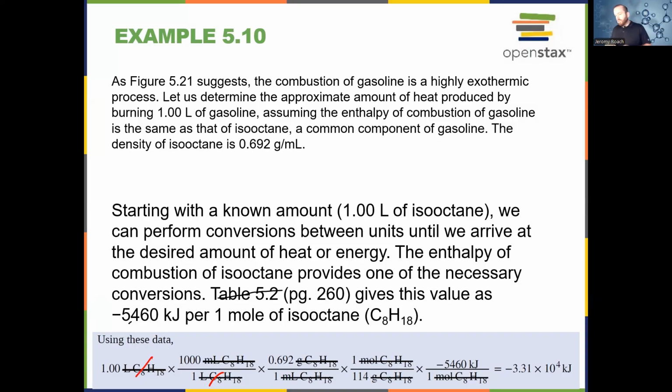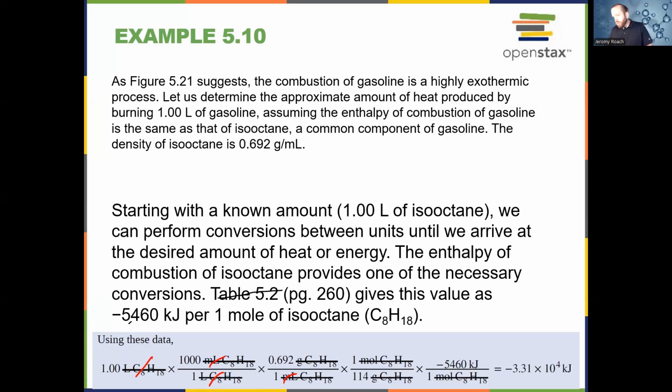Now, the density of isooctane is grams per milliliter. So there's 0.692 grams per milliliter. So we can write that unit conversion next and get rid of our milliliters.